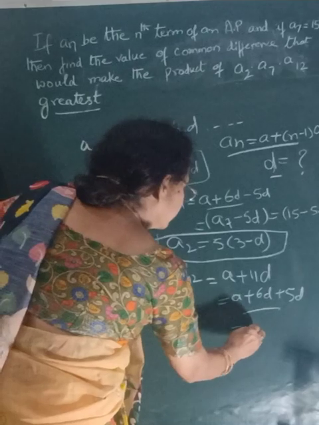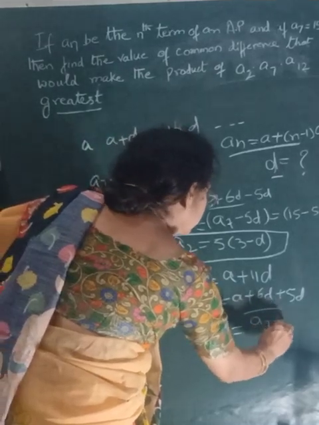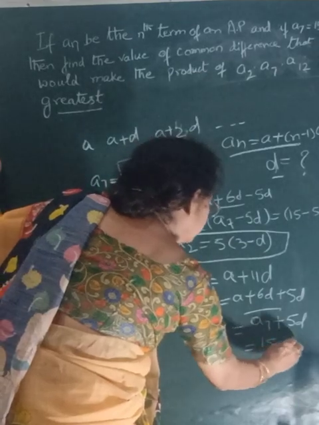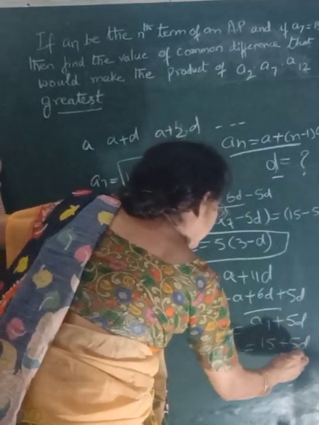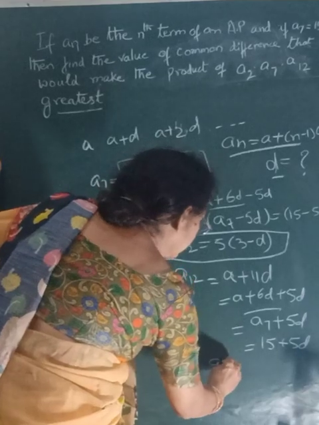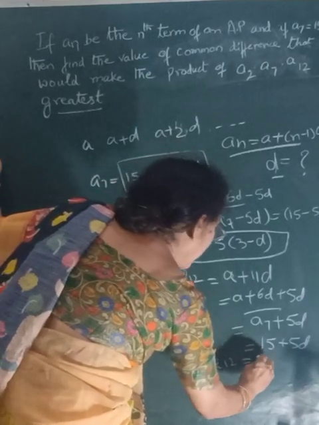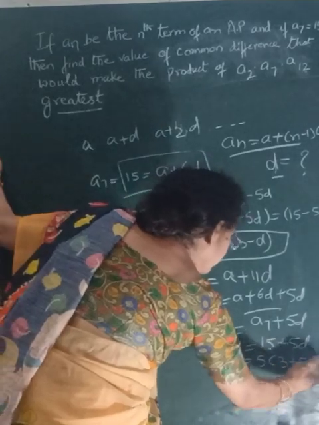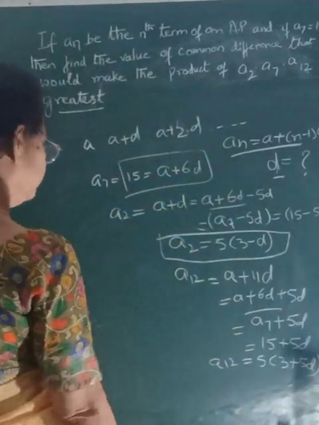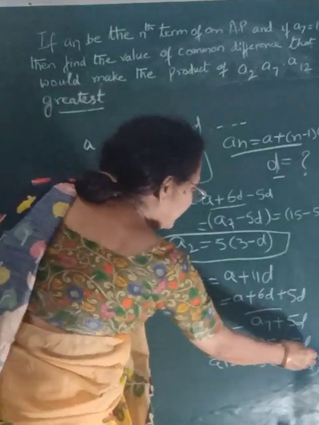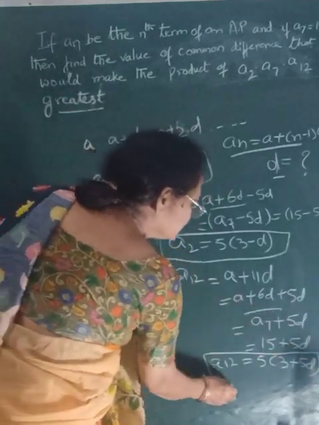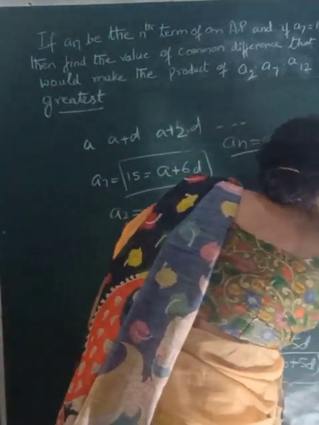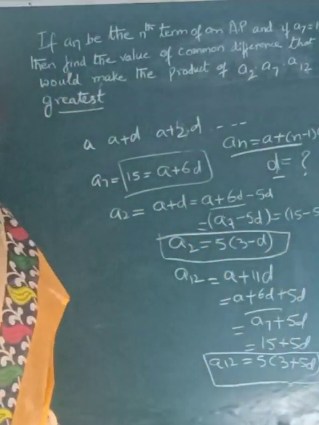It means it can be written as A7 plus 5D, that is 15 plus 5D, and then taking 5 common, A12 will be equal to 5 into (3 plus D). Okay, this is the value of A12.